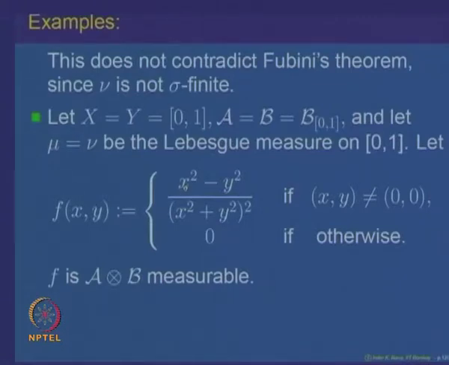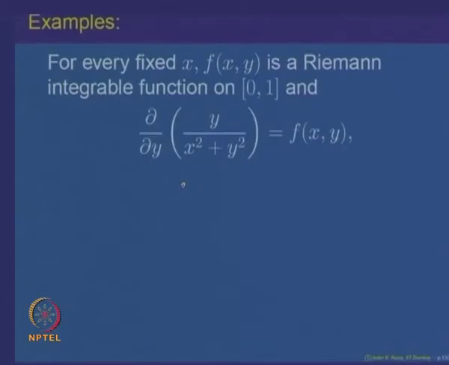So, it is going to be a Riemann integrable function of y. And if you look at the integrand, it is the partial derivative of the function y divided by (x square plus y square), which is equal to f(x,y). So, I know the antiderivative of this function for every fixed x. So, I can integrate it out with respect to the variable y.